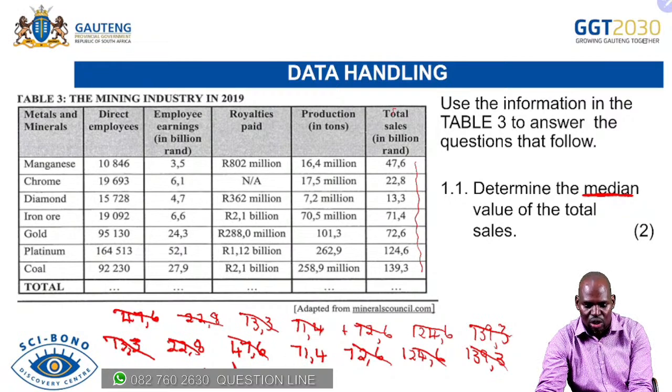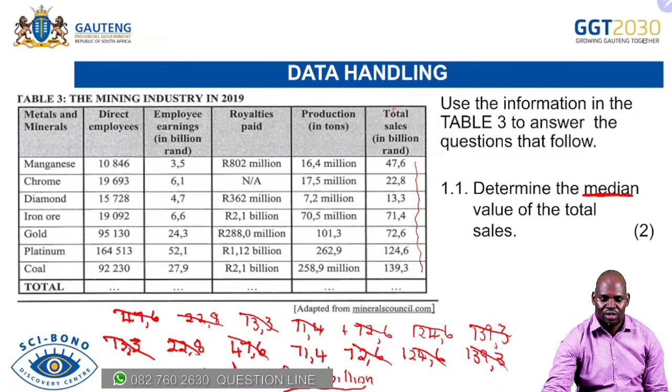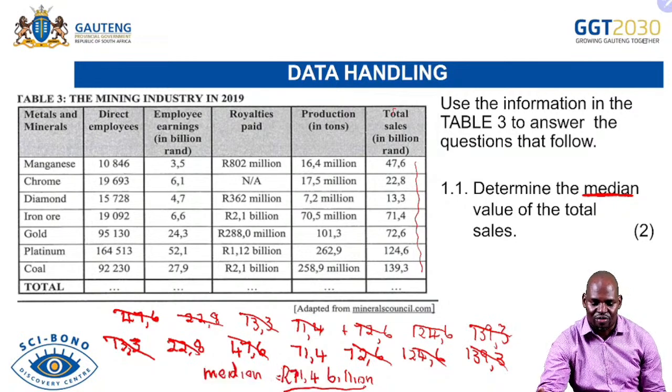This is actually not only 71.4, but it's 71.4 billion. So this is in billions. That is why I said when you do the calculations, you can just leave the units out. So this is 71.4 billion rands. For the sake of calculations, you can leave the word billion out, but in the end you have to indicate it, because 71.4 would actually be incorrect.